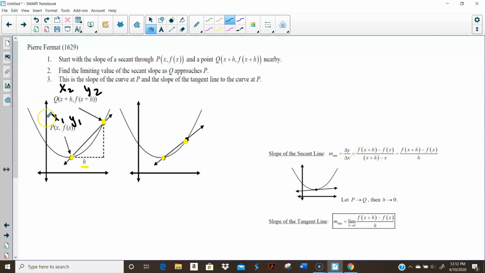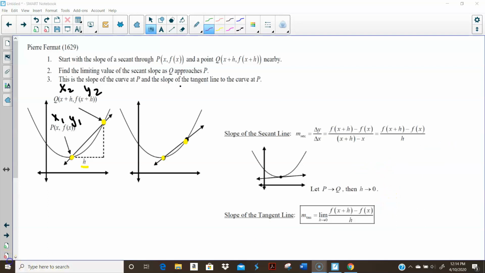So do you see how I would have f of x plus h subtract f of x, which is what we see right here, and then the change in x, which would be x plus h subtract x, which is right down here. When I simplify that, I get f of x plus h minus f of x over h, because the x and the opposite of x canceled.